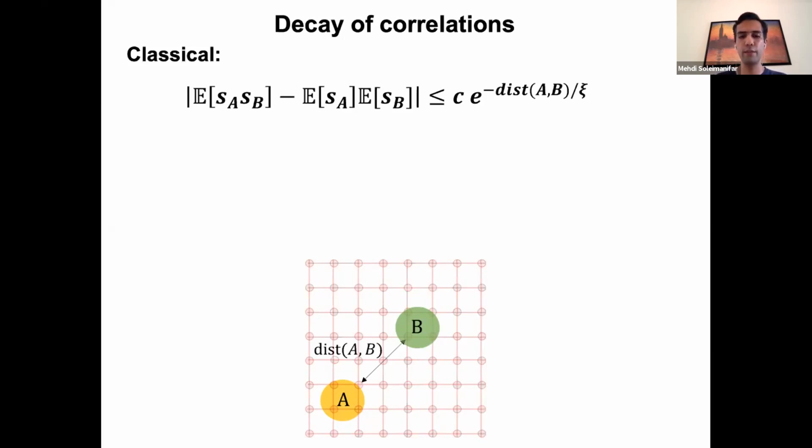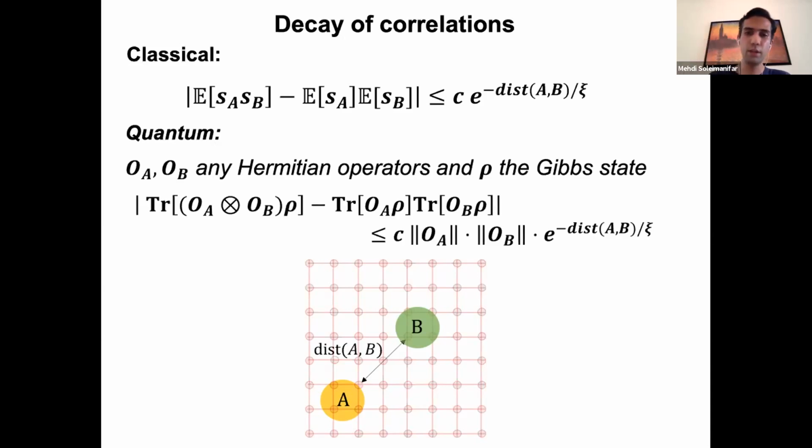So we assume we have two subsets of spins that are disjoint at some distance away from each other. And then we look at the covariance between the spins in region A and B. And as long as this covariance decays exponentially with the distance, we call the Gibbs distribution to have the decay of correlation property.